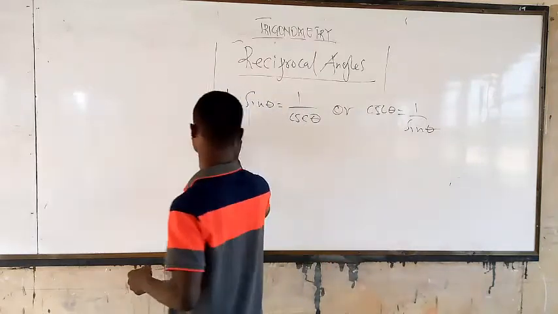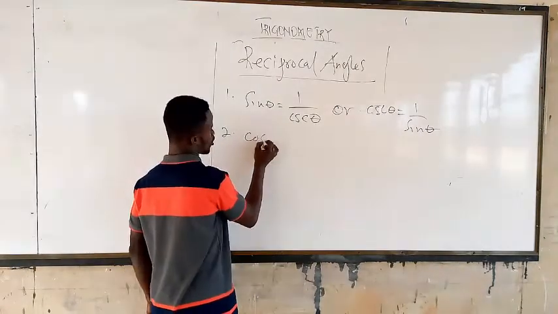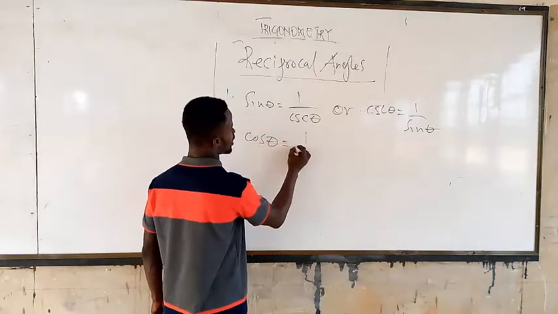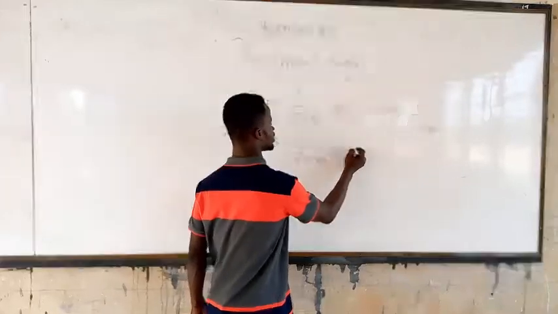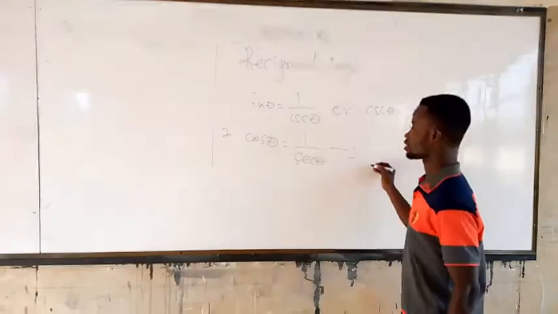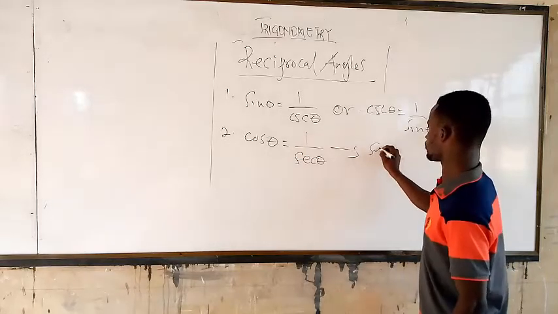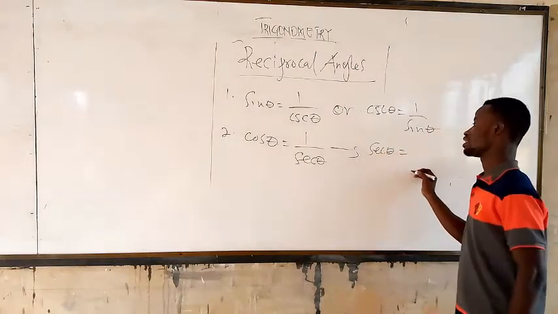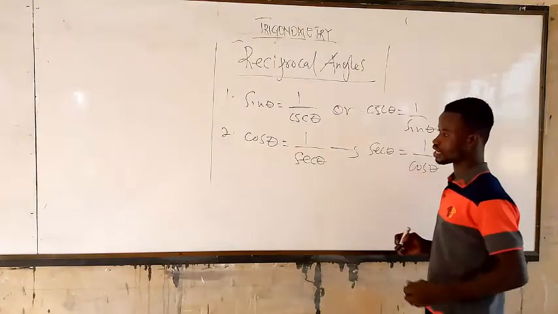Two: if cos theta is equal to 1 over sec theta, then sec theta is going to be 1 over cos theta.